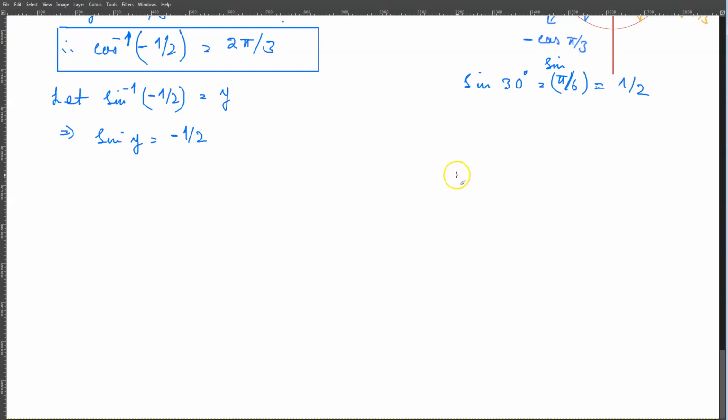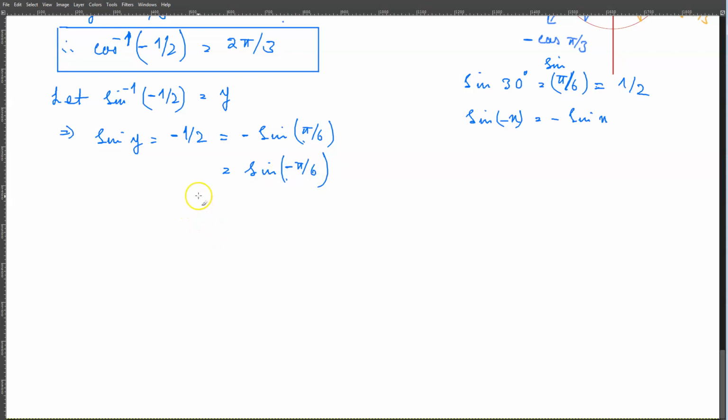So this is the same thing as negative sine of pi by 6. Now, I know that the sine of negative x is equal to negative sine x, right? So this is the same thing as sine of negative pi by 6.